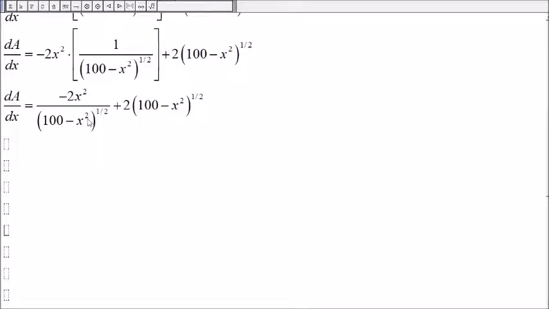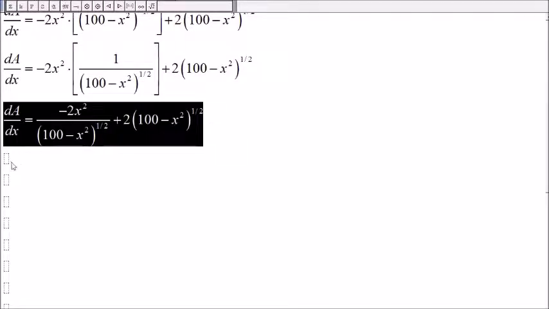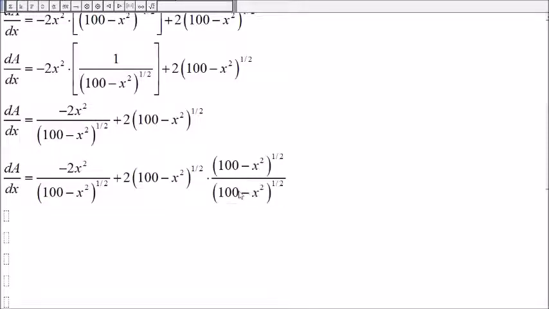And then let's get a common denominator here. Since we're going to set this equal to 0, we'll multiply this expression by this. We're multiplying the top and the bottom by the same thing, so this is just 1, and we haven't changed anything.